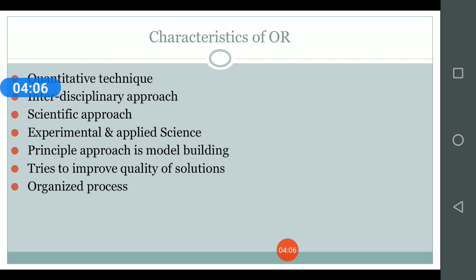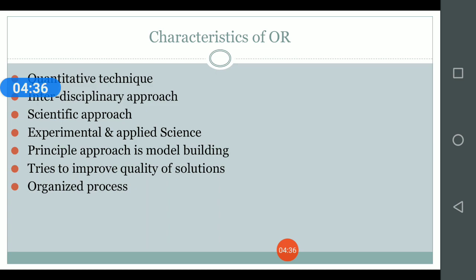The next characteristic is that it tries to improve the quality of solutions. It is well said that it makes bad solutions from the worst. That means even if it does not give the very best solutions, the major aim is that even if we are in a thick soup, even if we have everything going against us in a particular situation, it will try to give us the best out of those worst things as well.